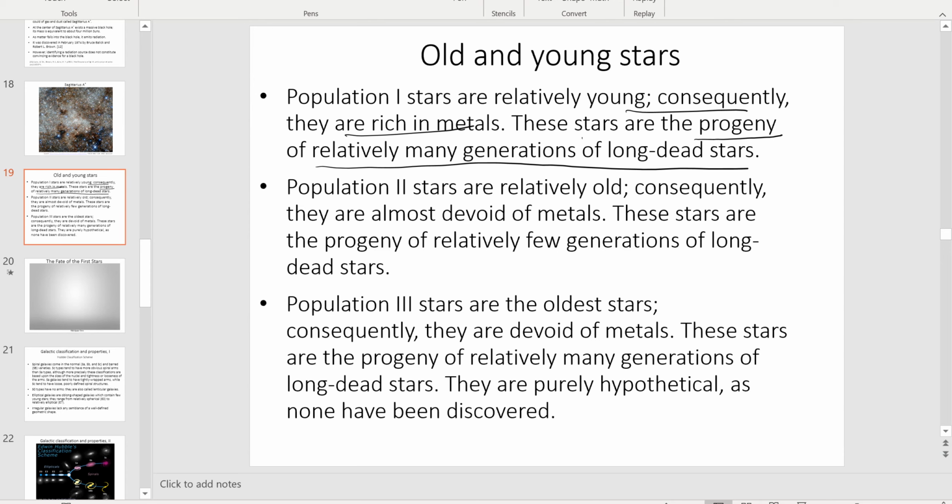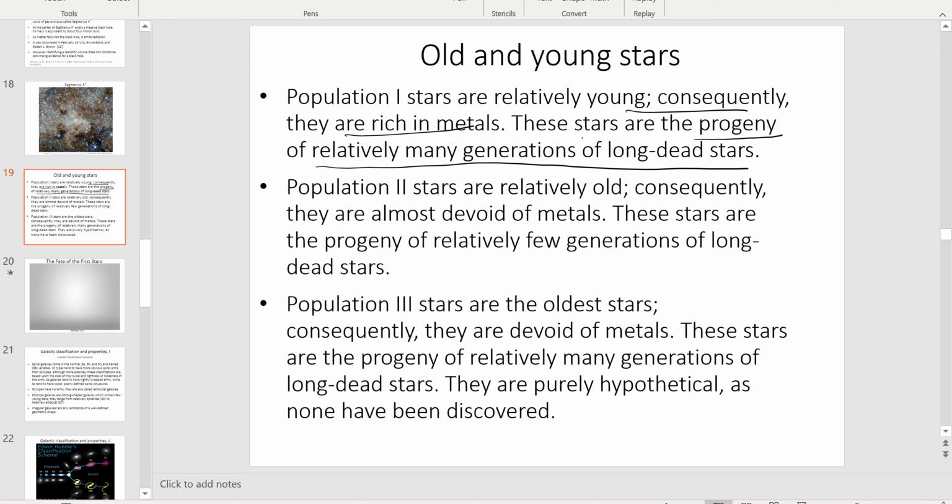And the elements other than hydrogen and helium that are as massive or less massive than iron came from nuclear fusion that occurred in the cores of stars that lived and died. So in other words, all the elements that are heavier than helium all the way up to iron are produced in the cores of stars during normal fusion.